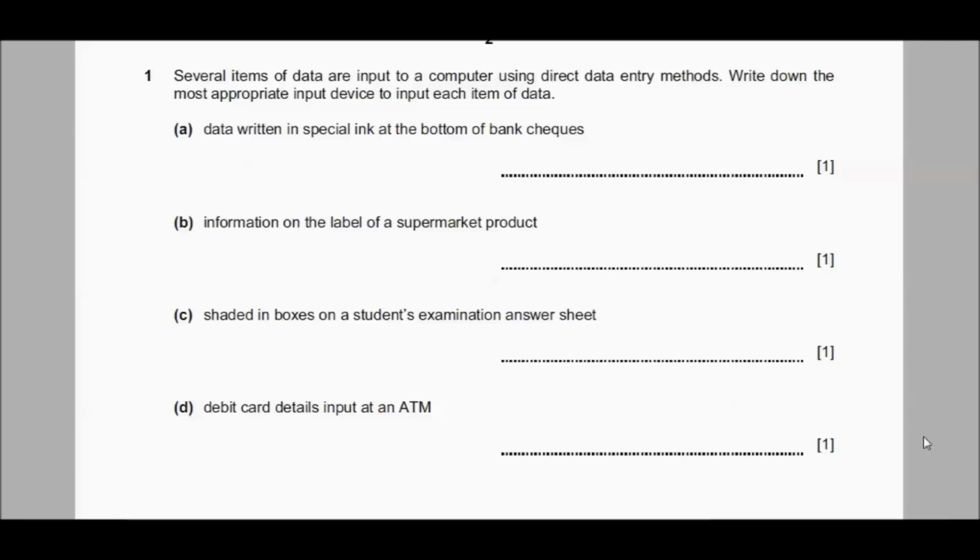So pause the video and take some time to answer the question. It's worth 4 marks, and they're only asking you to name the input device or input method. So one mark for each answer. So take a maximum of about 6 minutes to answer this question.